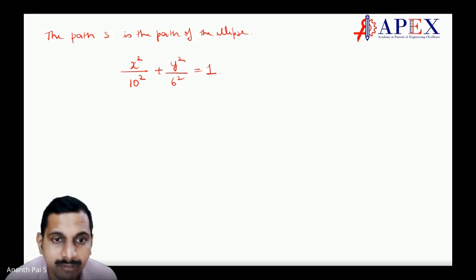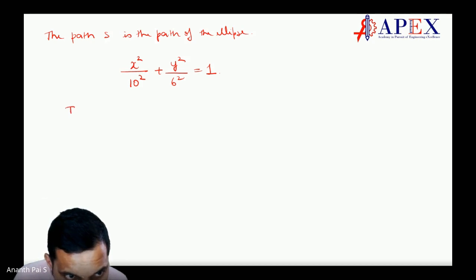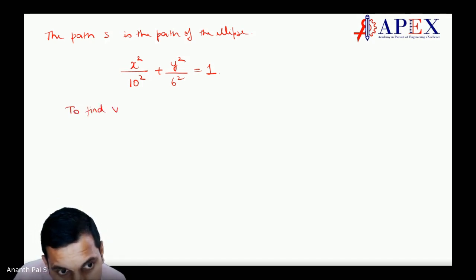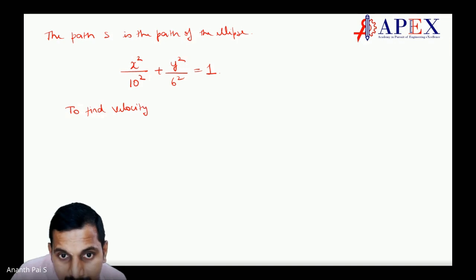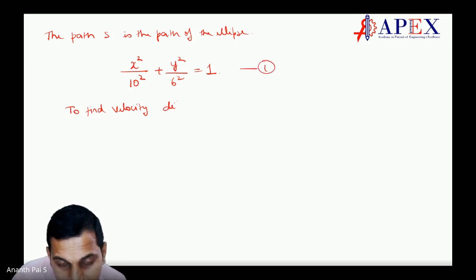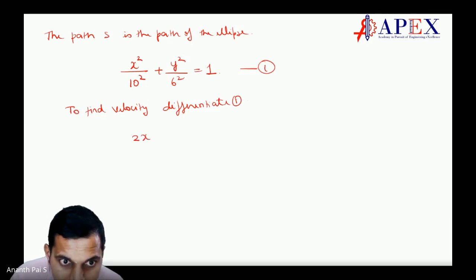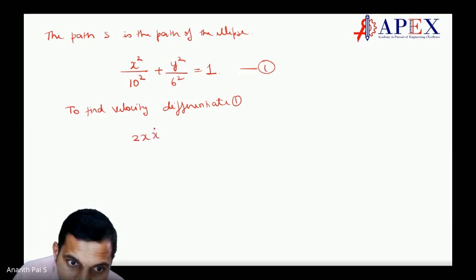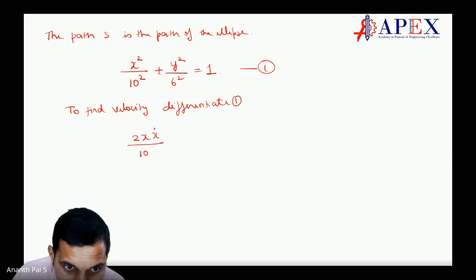So to find out the velocity, we have to differentiate, right? When you differentiate, you get 2x into x dot divided by 10 square plus 2y into y dot divided by 6 square is equal to 0, correct?